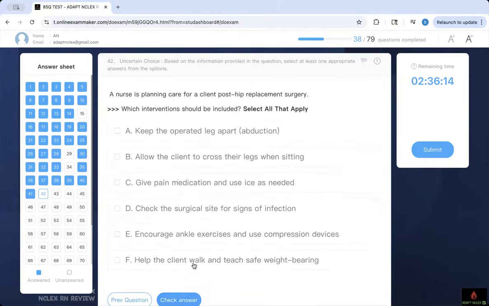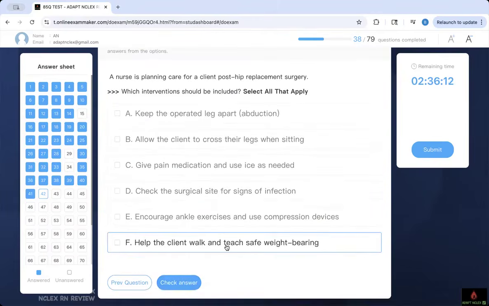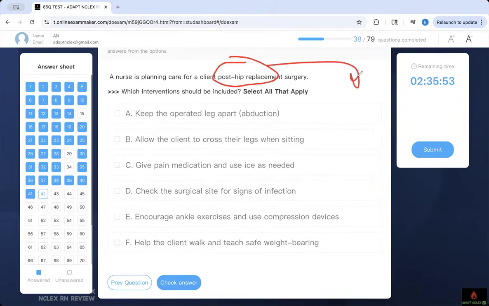I'm answering questions the way I want you to approach them. Don't make it difficult. It's all concept, straightforward. Bring the concept, look at the answer choice and see, does it make sense to what you know? A nurse is planning care for a client post-hip replacement. Underline it. Underline hip replacement. That is where the answer choice is going to come from. Which intervention should the nurse include?